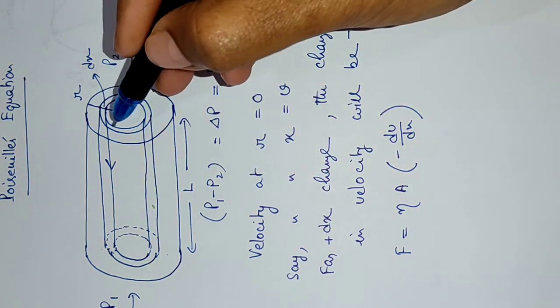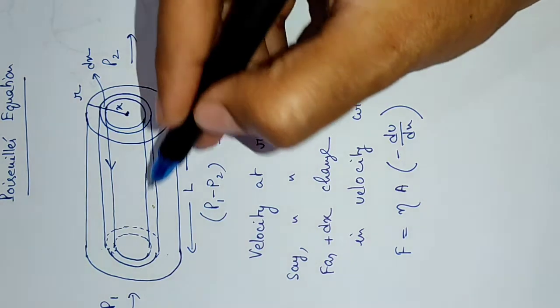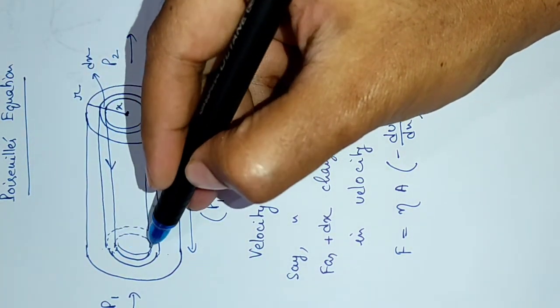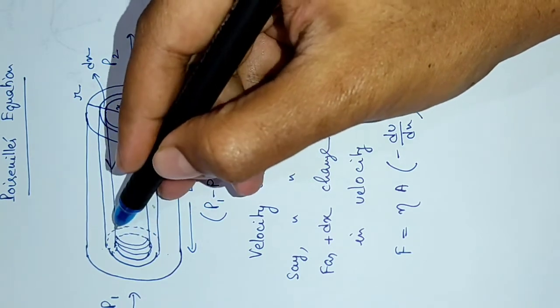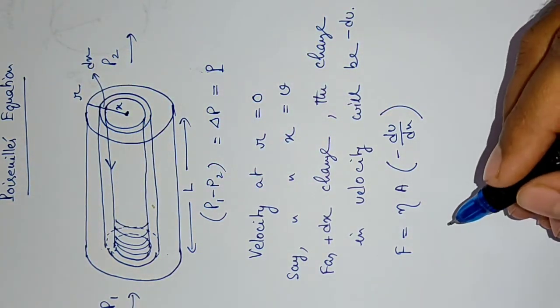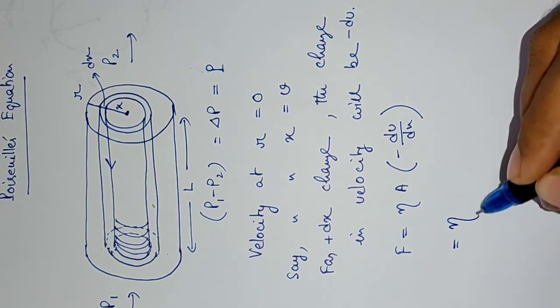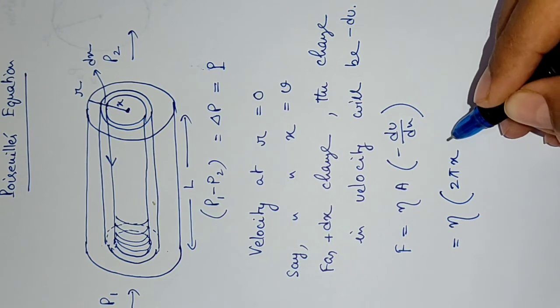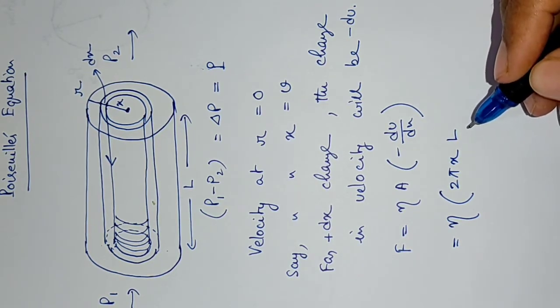So this circumference 2 pi x when multiplied by the length of the pipe will give the entire surface area of this pipe, within the pipe. So we will put here 2 pi x multiplied by the length of the pipe, that is L.